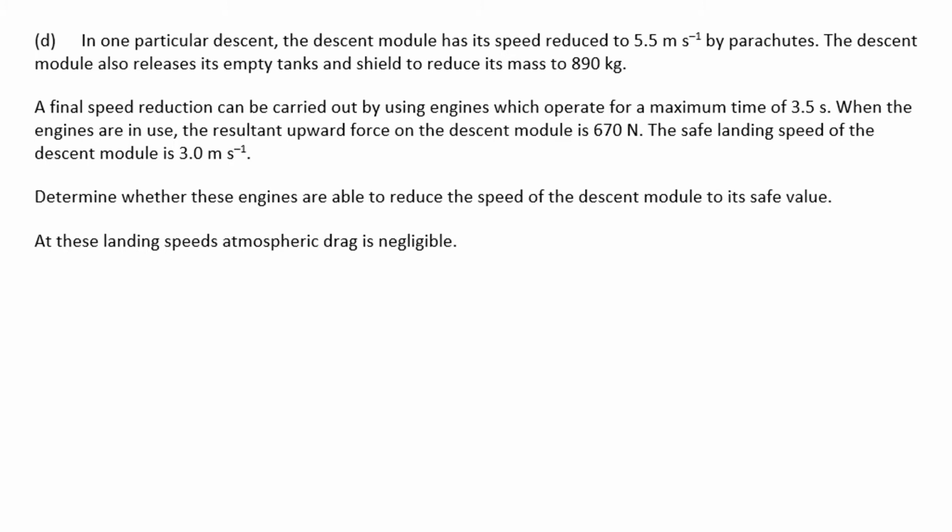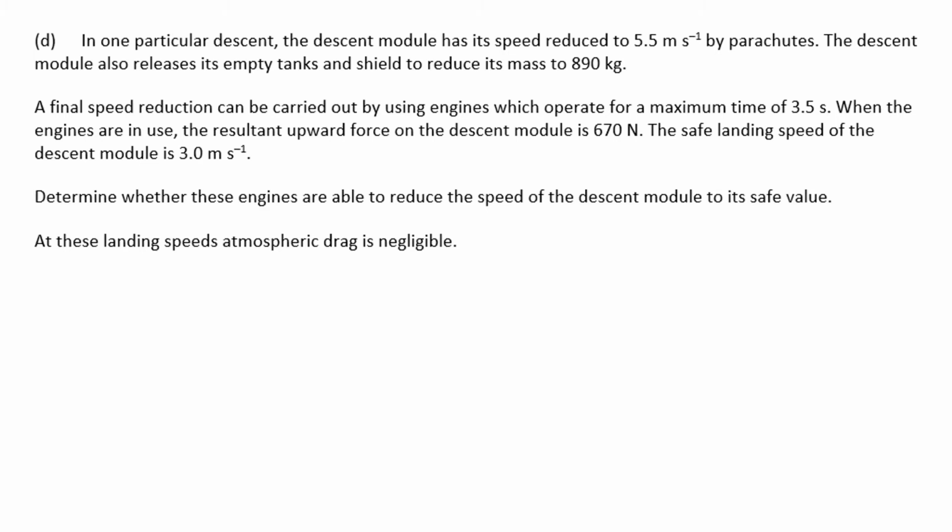A final speed reduction can be carried out by using engines and burning the remaining fuel for 3.5 seconds, and the force from that is 670 newtons. To land safely, we need the speed to be at maximum 3 meters per second. Determine whether these engines are able to reduce the speed to safe value or not, ignoring atmospheric drag because it's so slow.